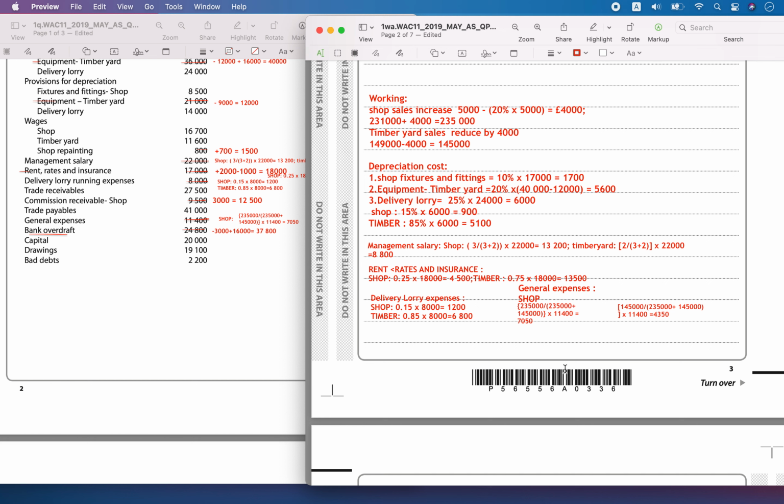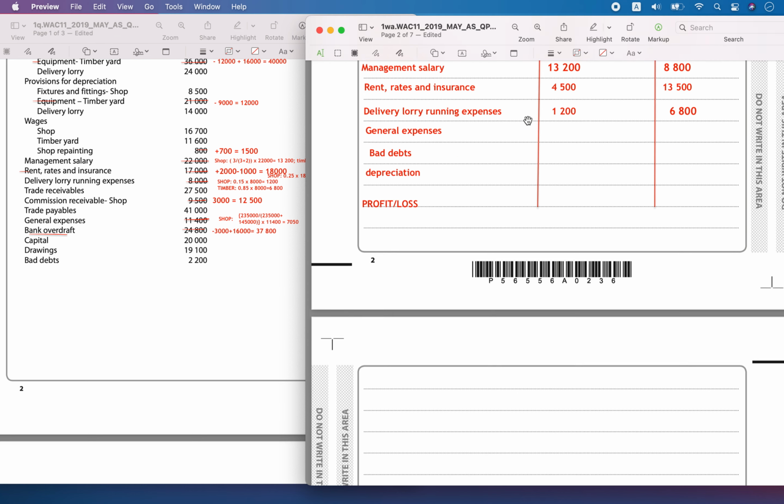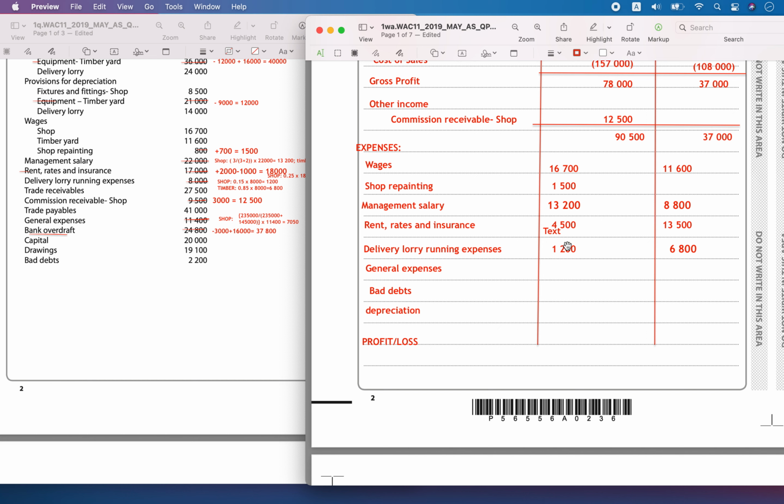One was for the shop, and the other one was for the timber yard. It was calculated this much, 7,050 and 4,350.